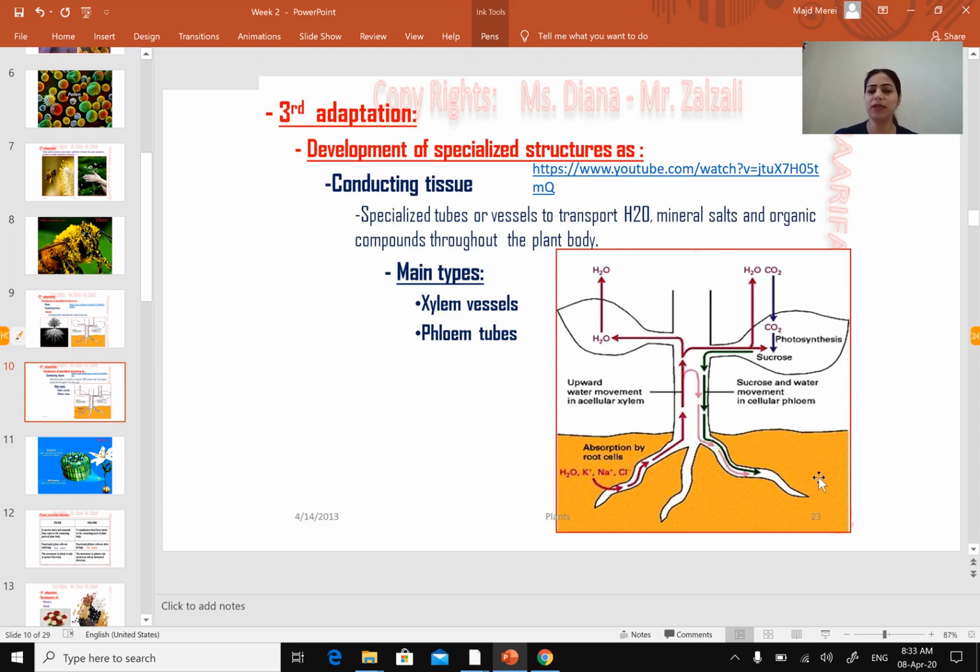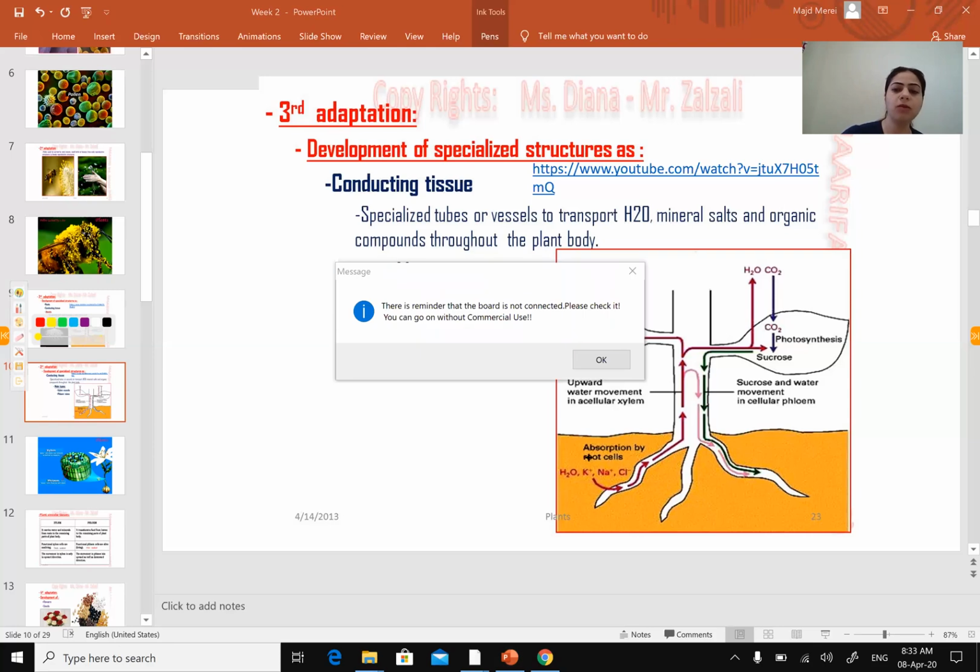Notice this diagram here. The pink arrows, or the red arrows, represent xylem, tubes or vessels or tissues that are transporting water and minerals.